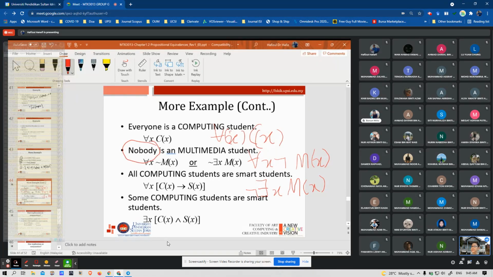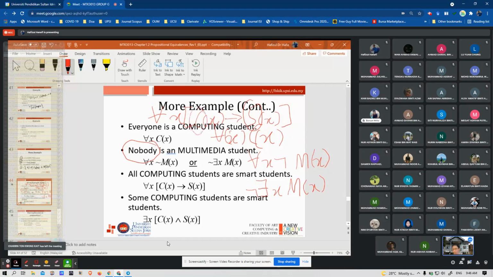And then you can say all computing students are smart students. For all x, bracket Cx implies Sx. S is for smart, C is computing. Then the last one, for some students are smart students.